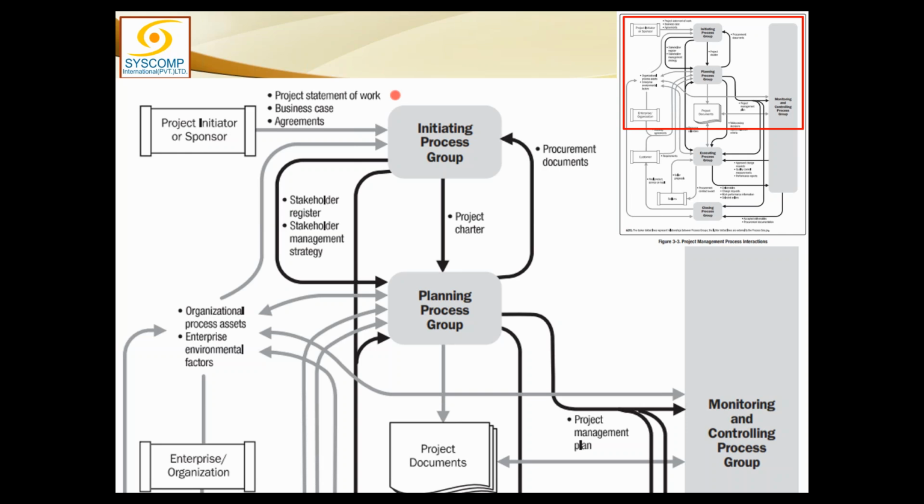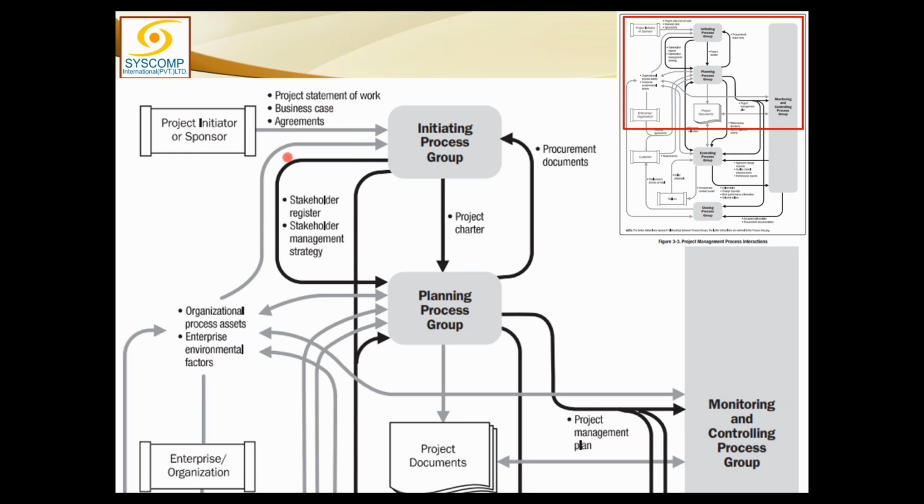So out of the whole process I just described to you, we have three things: project statement of work created by the customer, business case developed by our organization when we were trying to bid for that. And we also may consider the business case of the customer. But this is our business case. Why are we getting this project? And agreement is a final contract between us and the customer.